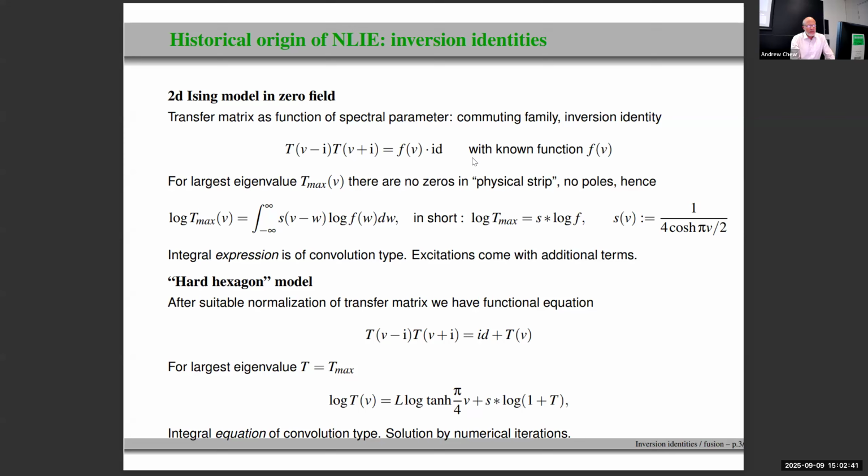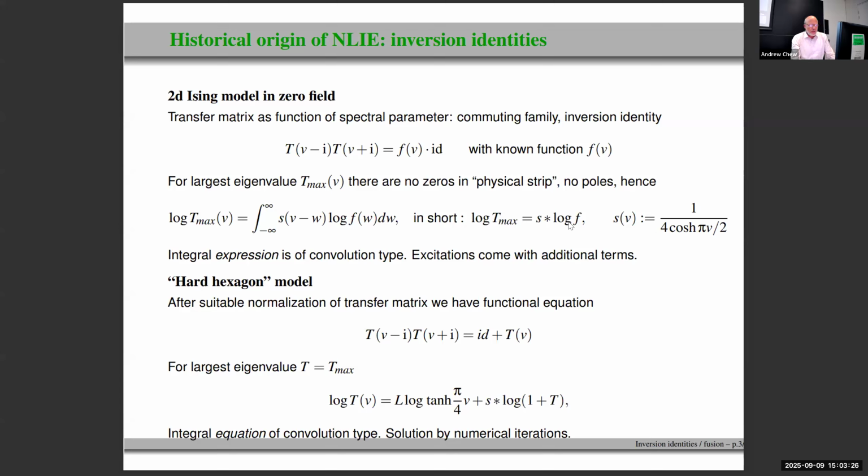Then you can take the logarithm and maybe the Fourier transform, and express the logarithm of T in terms of the function f. So you get the logarithm of the maximal eigenvalue of the transfer matrix as a convolution integral of some kernel S with the logarithm of this function f. In short, log T_max is equal to S star log f, and the kernel is 1 over hyperbolic cosine.